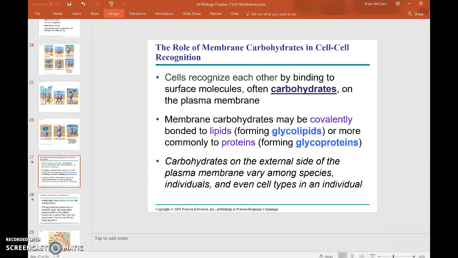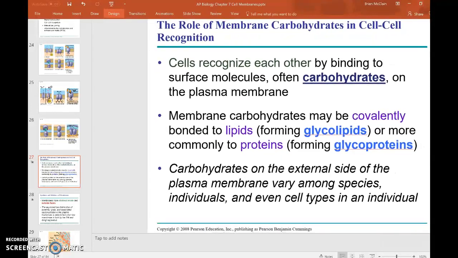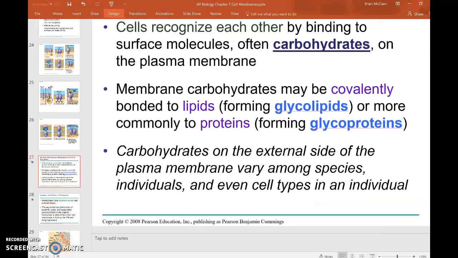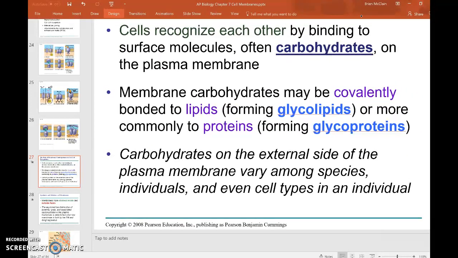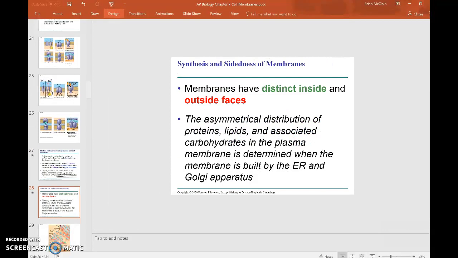Just to kind of summarize a few final points in here, this statement right here, talking about the recognition, the carbohydrates, it says even members of the same species are going to have different setups. So unless you have an identical twin, your carbohydrate characteristics on the outside of your cell in many ways are going to be very unique to you.